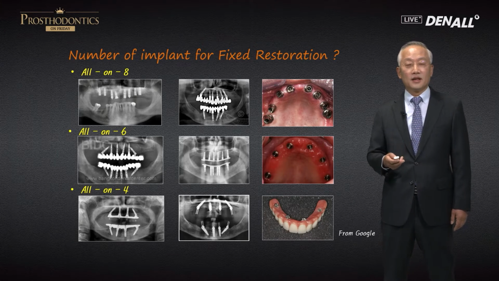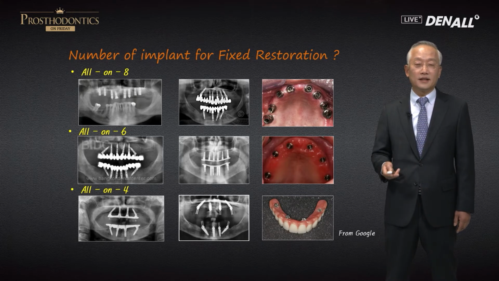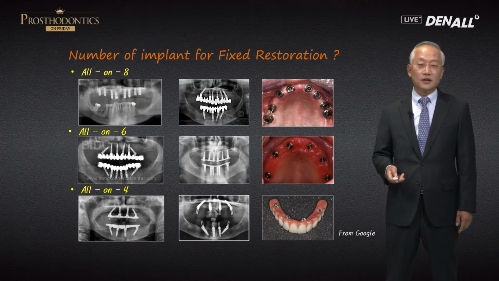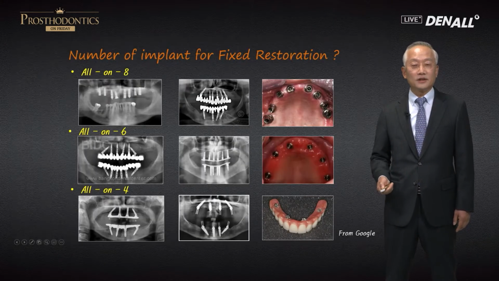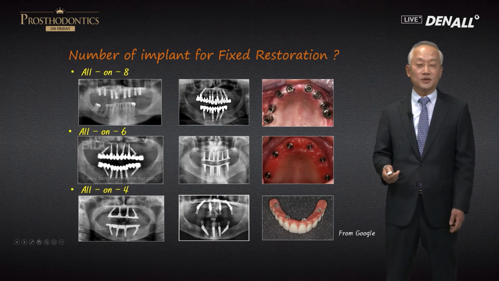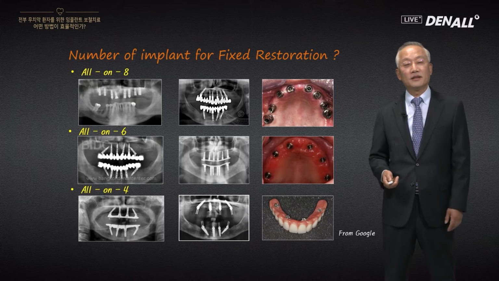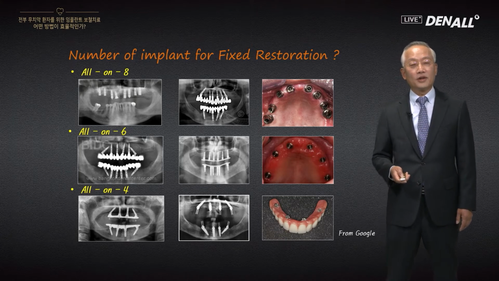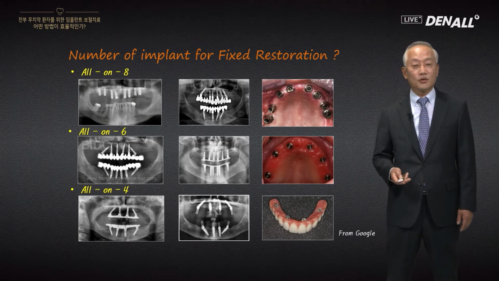Apart from whether or not bone graft is needed, you also need to consider how many implants are required for fixed restoration. The images that are displayed have been randomly selected from Google. These are screenshots from local clinic ads. All on 8, all on 6, all on 4 is possible according to these ads.